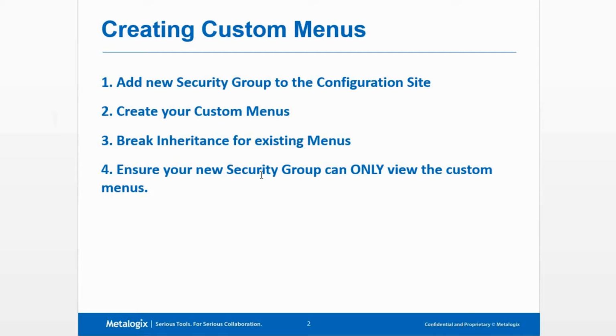And then we assigned permission for our security group only to the new menus, the new XML files that we added to that configuration site. And we removed these menus from our standard user permissions to make sure that they don't show up in those other users' menu items. So that essentially covers the standard way to create a custom menu to give access for users in ControlPoint.